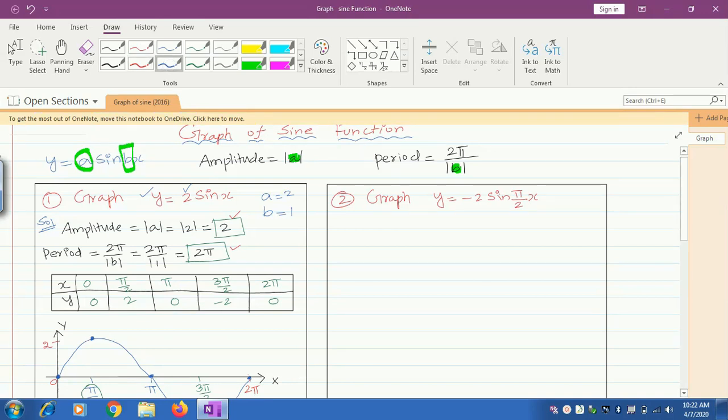What is A, what is B? A is minus 2 and B is pi over 2. So this is my A and this is the B value. You should take only the coefficient of x, the angle, not including x. Now what is the amplitude here?